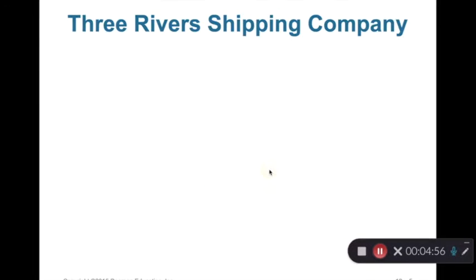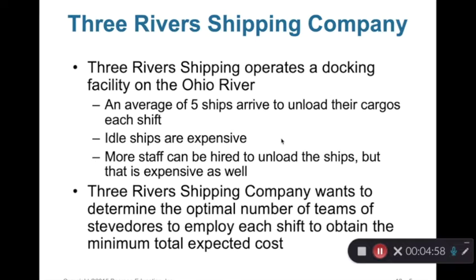Okay, let's look at an example how to determine the number of the servers. Three Rivers Shipping Company operate a docking facility on the Ohio River. An average of 5 ships arrive to unload their cargoes each shift. Idle ships are expensive.